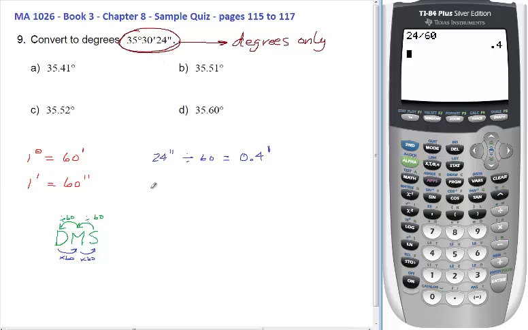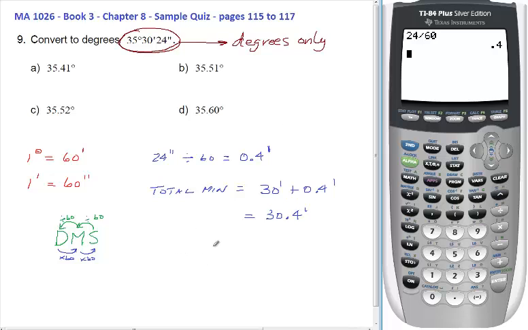Now you add to that. So what is your total minutes? You must add that to the 30 minutes you already have up there. See, up here we have 30 minutes. So take your 30 minutes, add on your 0.4 minutes to get a total of 30.4 minutes. Then you repeat that step.